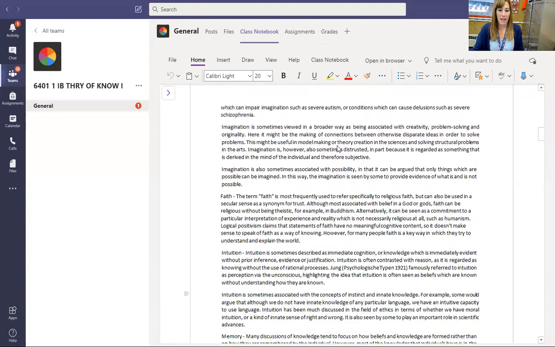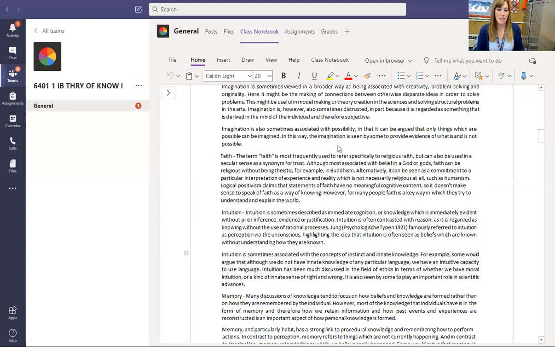The next one is faith. The term faith is most frequently used to refer to religious faith, but it also can be used as trust. And so trust is a huge thing. I have a bachelor's degree in English and political science, a master's degree in English, and a PhD.